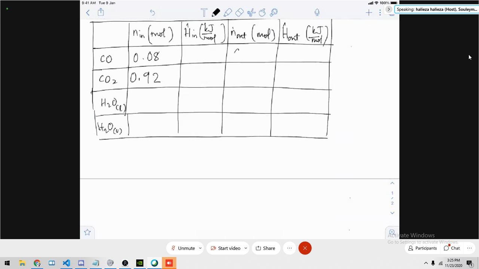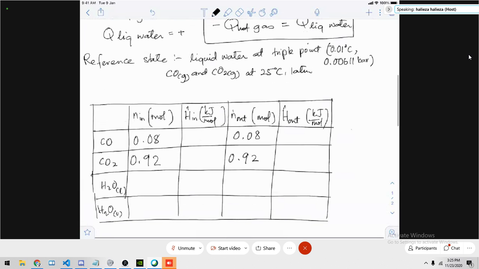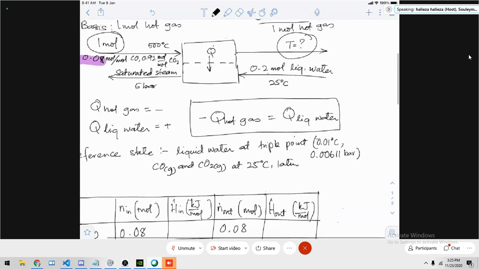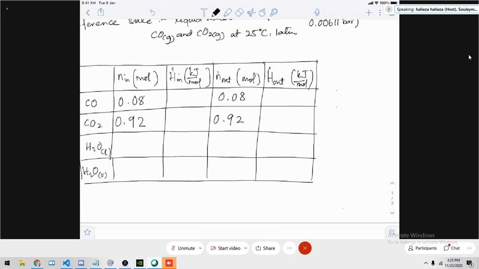The same thing over here, 0.08, 0.92. Next, water. The amount of liquid water coming in is going to be 0.2 based on the ratio given.